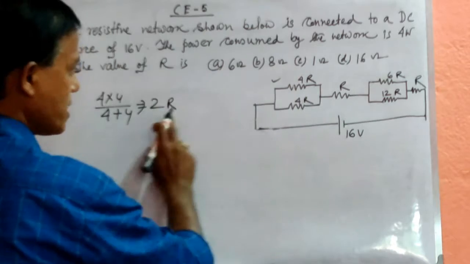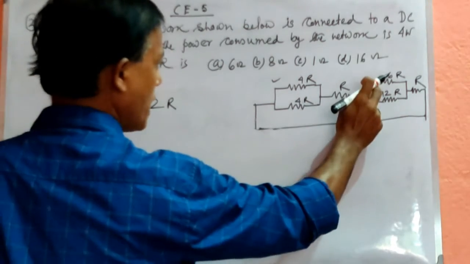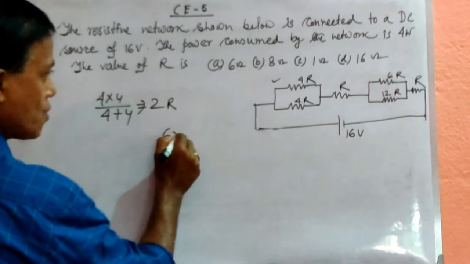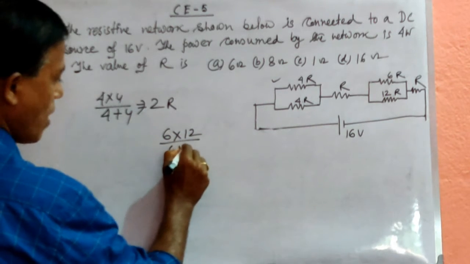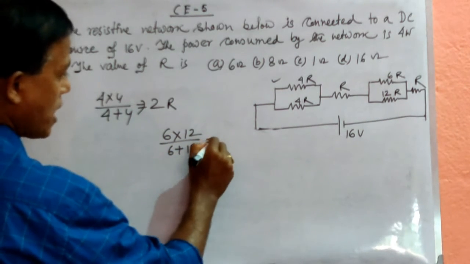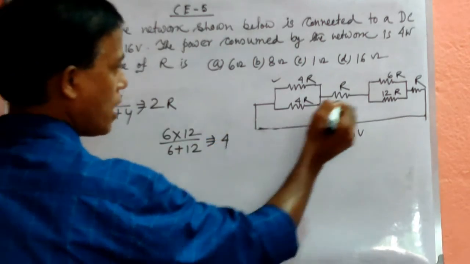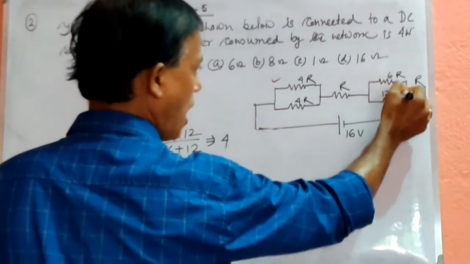This part equivalent is 2R. Here 6R into 12R by 6R plus 12R, it comes 4R.